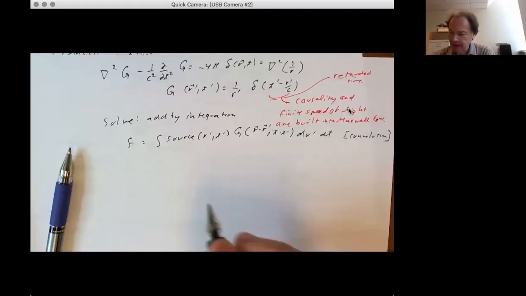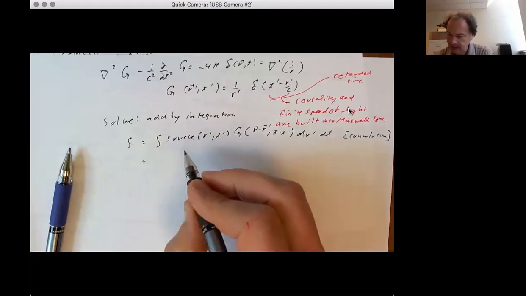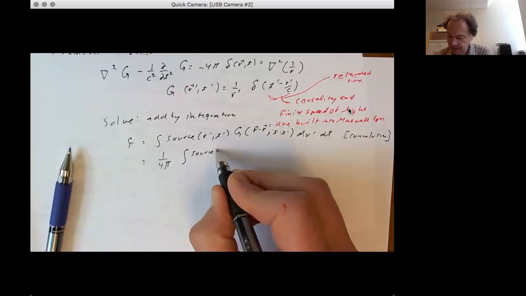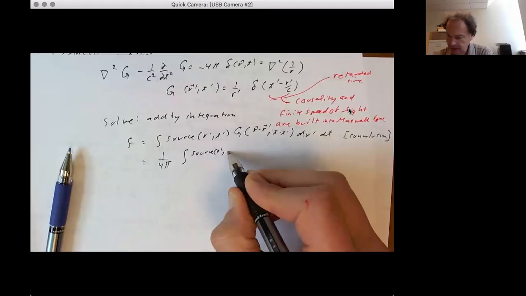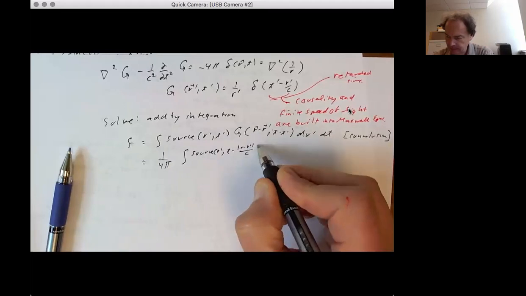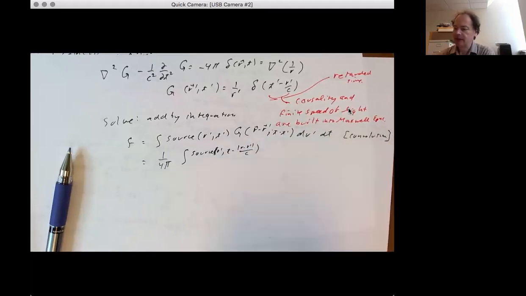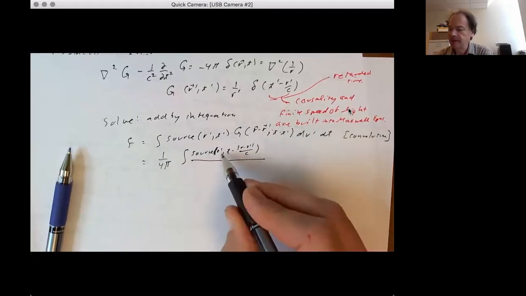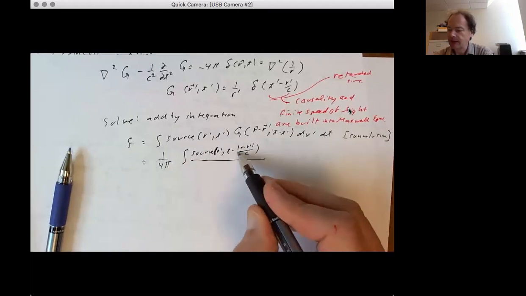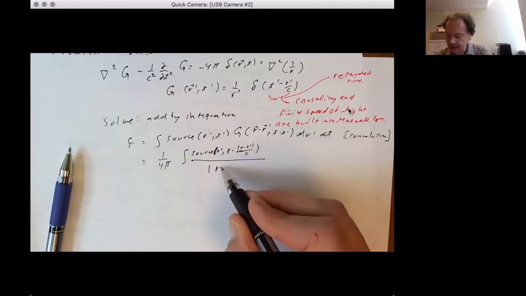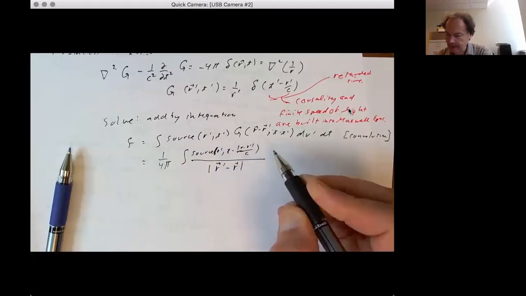And plugging in, it's 1 over 4 pi, the integral of the source, where it is, where it has been. So the time is just going to be delayed. That's what our delta function tells us. Over, it's where it is, and we have a delayed time, and the normalizing is the r prime minus r, dv prime.